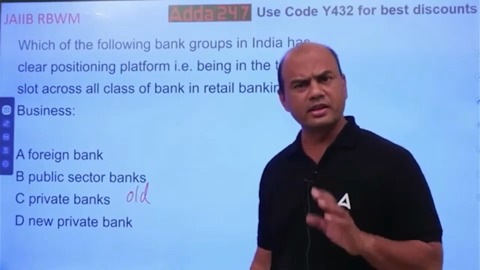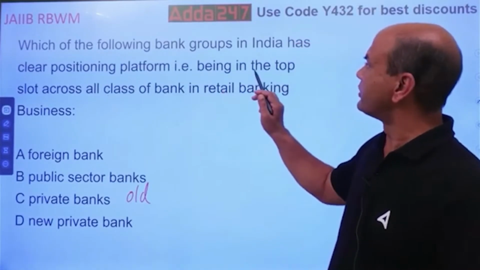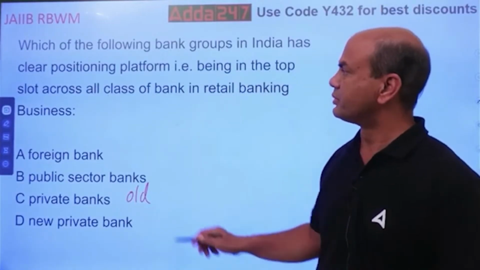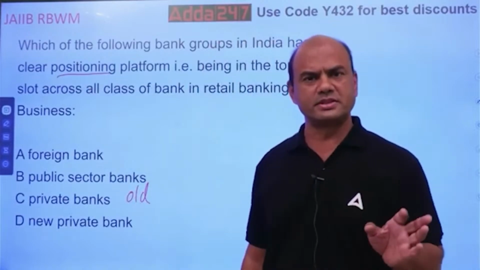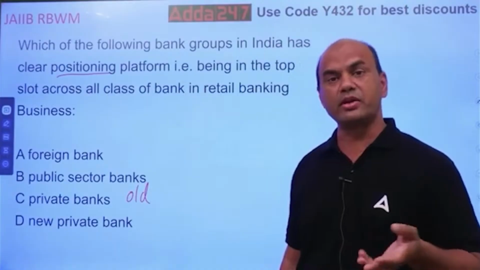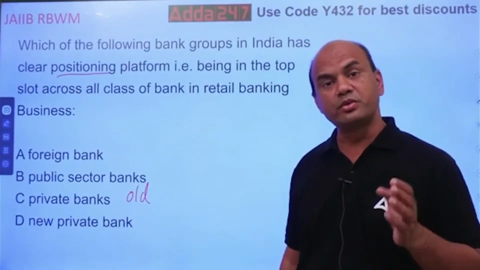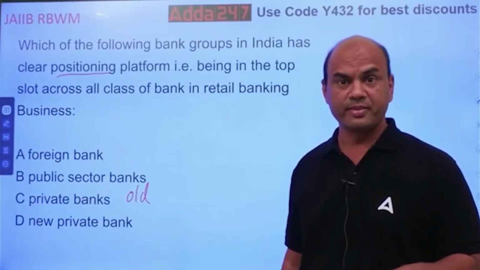Foreign banks have very clear picture. Foreign banks don't go for positioning. They don't have a positioning angle at all. Positioning means they mean clear business. Have you seen in many foreign banks, let's say Citibank or HSBC, they have sold their retail business in our country. Sold it. Why?